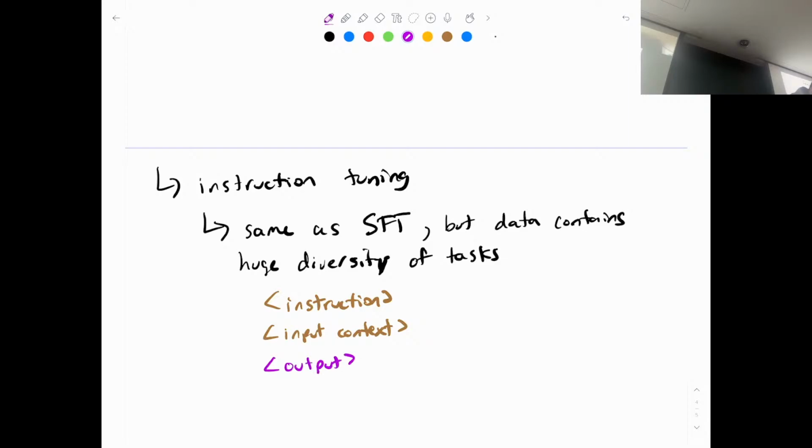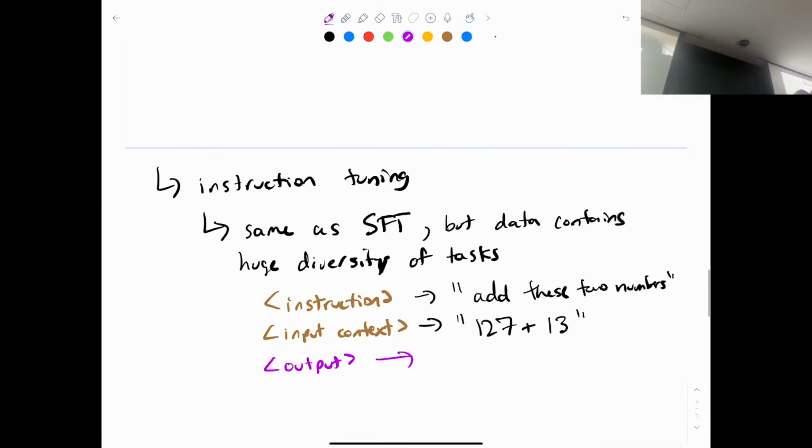For our example above, the instruction could be "add these two numbers," the context could be 127 plus 13, and our output could be 140.